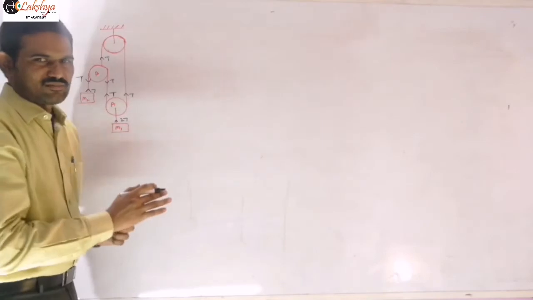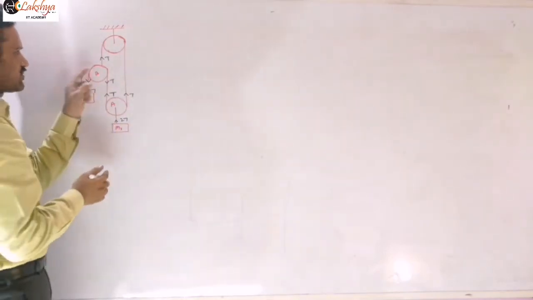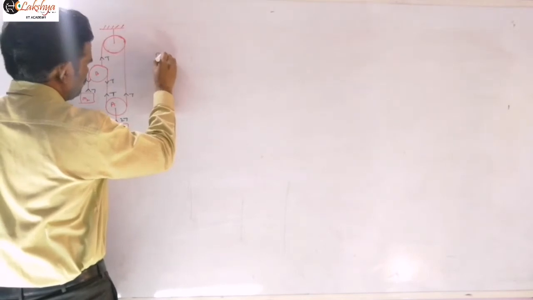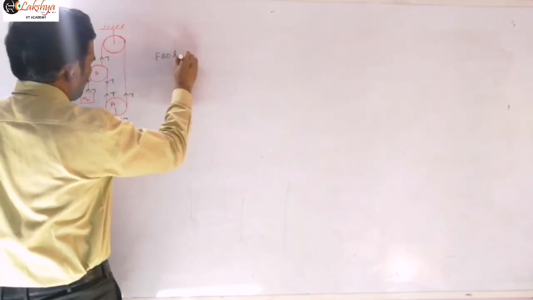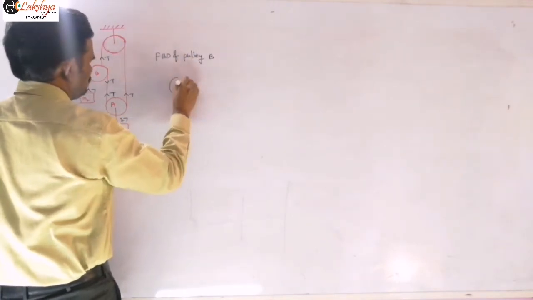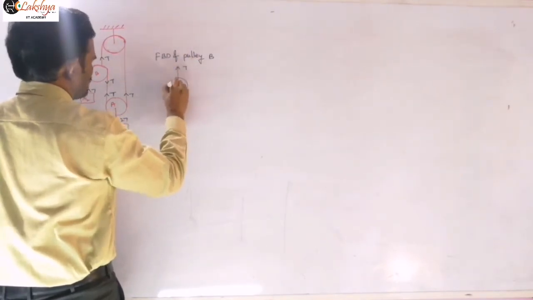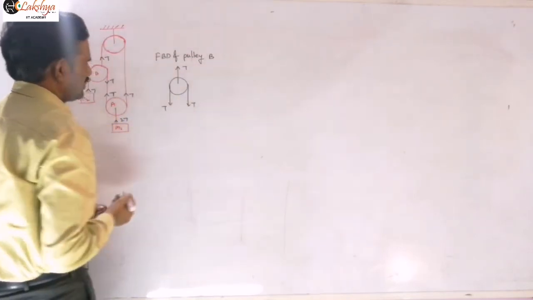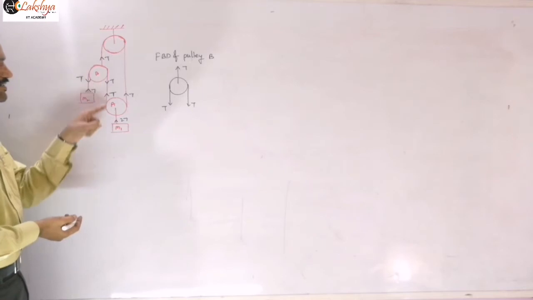So the same procedure. Again let us take the FBD of this pulley here. So now I am taking this FBD of pulley B. So this T is in upward direction and this T is in downward direction and this is another T in downward direction here. So again this is the same string here.